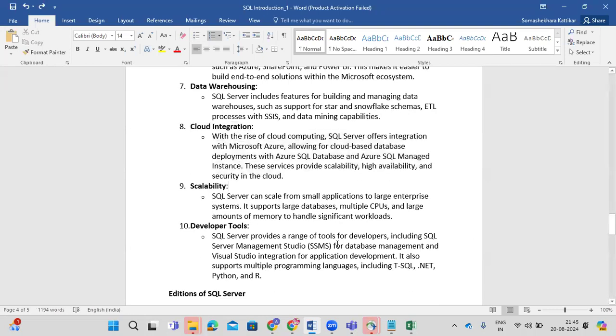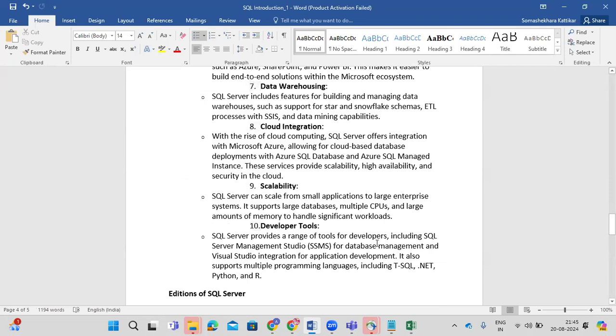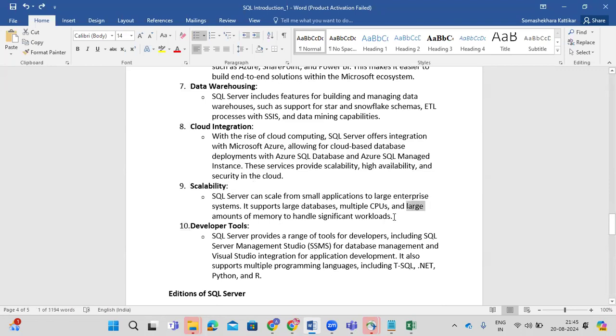What is scalability? SQL Server can scale from small applications to large enterprise systems. It supports large databases, multiple CPUs, and large amounts of memory to handle significant workloads. Suppose you have a small business, or you have a very large business.